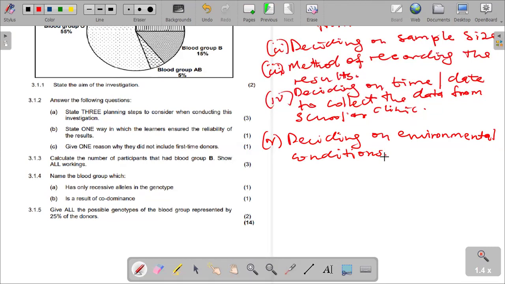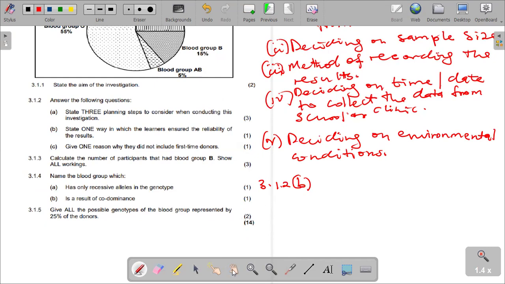And then the next question is saying, state one way in which the learners ensure the reliability of results. Question 3.1.2(b), state one way in which the learners ensure the reliability of the results.